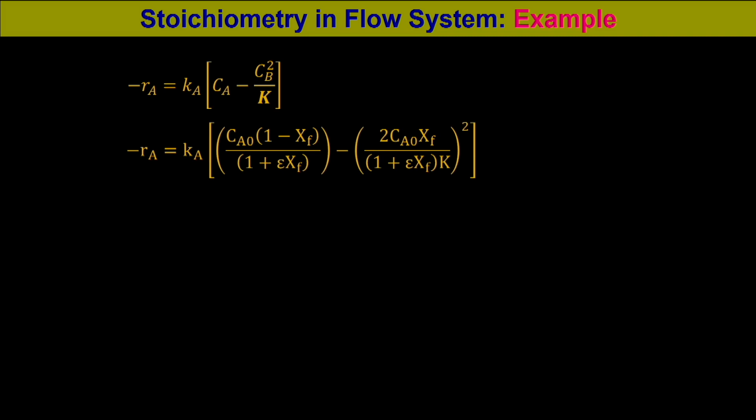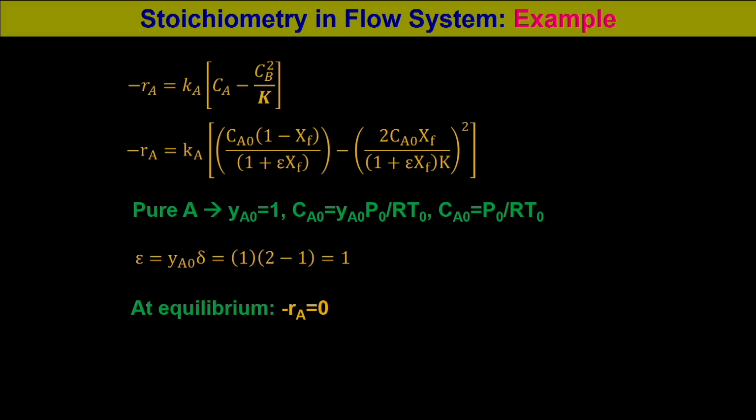In the batch system we have written X, in the flow system we change to Xef. So, we can write Ca naught into (1 minus Xef) divided by (1 plus epsilon Xef) minus twice Ca naught Xef divided by (1 plus epsilon Xef) into K, whole square.